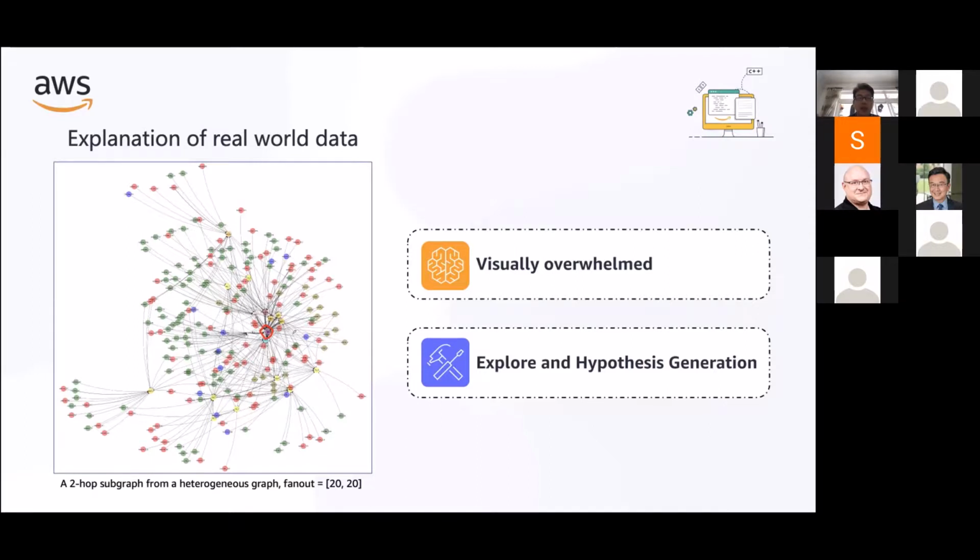It's very hard to give them a satisfying explanation from this. Not only because in real-world data, normally the number of nodes and edges is huge, even with this small fan-out. Visually, it's overwhelming. It's hard for them to explore the data to figure out a meaningful explanation.